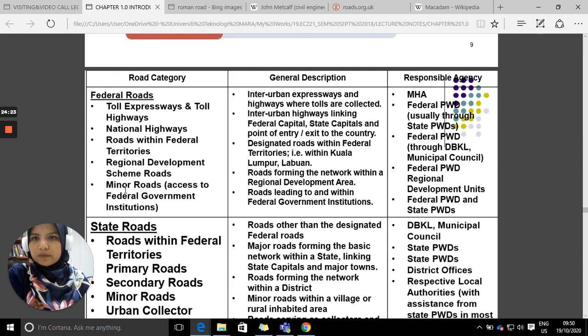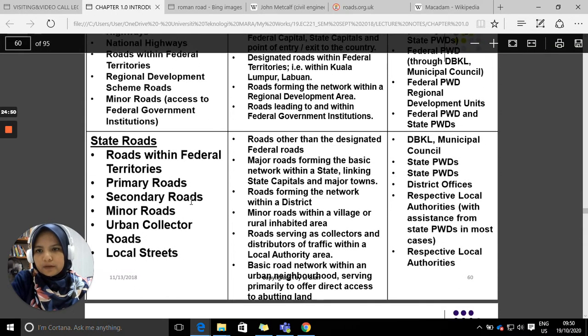Minor road also belongs to federal road as well, but it gives access to federal government institution. It can be within Pematang Pauh. There are also federal roads within Georgetown, where it gives access to federal government institution, for example. So it is part under federal roads. Okay? So in every state there will be federal roads and also state roads, depending on the function.